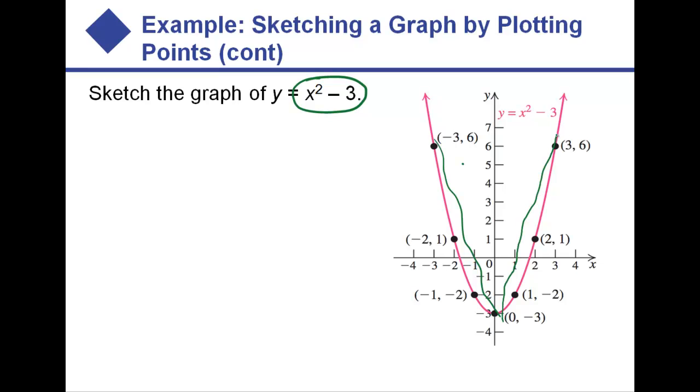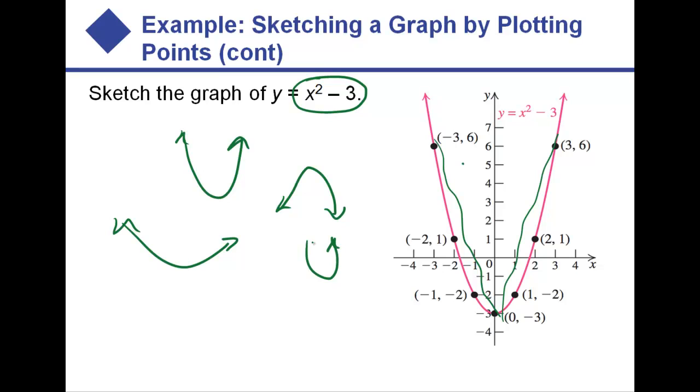If I could draw a straight line, you'd understand it. But if you've dealt with squares, you know that they're parabolas, right? And parabolas are nice curvy things, up or down, wide, narrow, whatever. You know that they're of a certain shape. So that helps too. So just plotting points isn't good enough. You need to know a little bit about something.